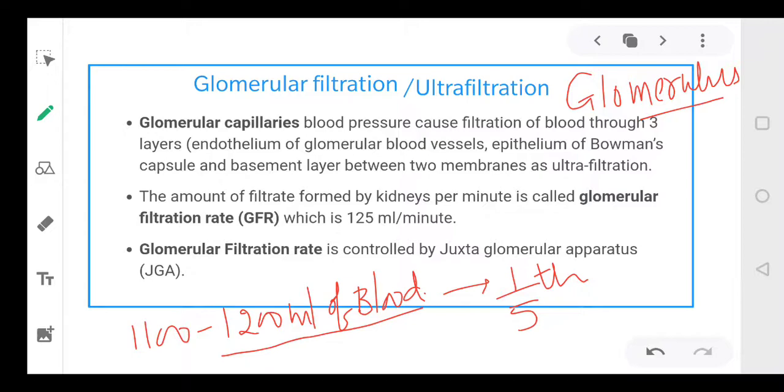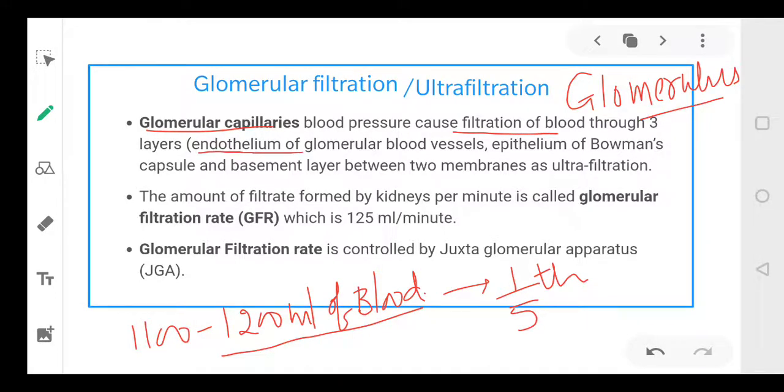So kidneys filter approximately 1100 to 1200 ml of blood per minute, which is approximately 1/5 of the total blood pumped by the heart per minute, right? So your glomerular capillaries filter the blood through 3 layers.